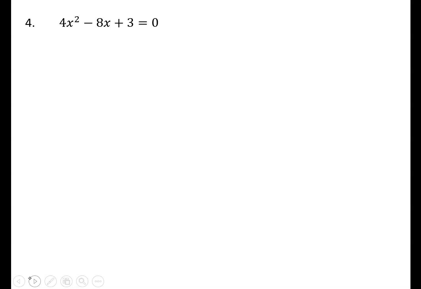Okay, let's do one more example of completing the square. First step, move the 3 to the right side. So we're subtracting 3. Now, second step, we haven't done so far, but here we look at our coefficient of x squared and it's a 4.